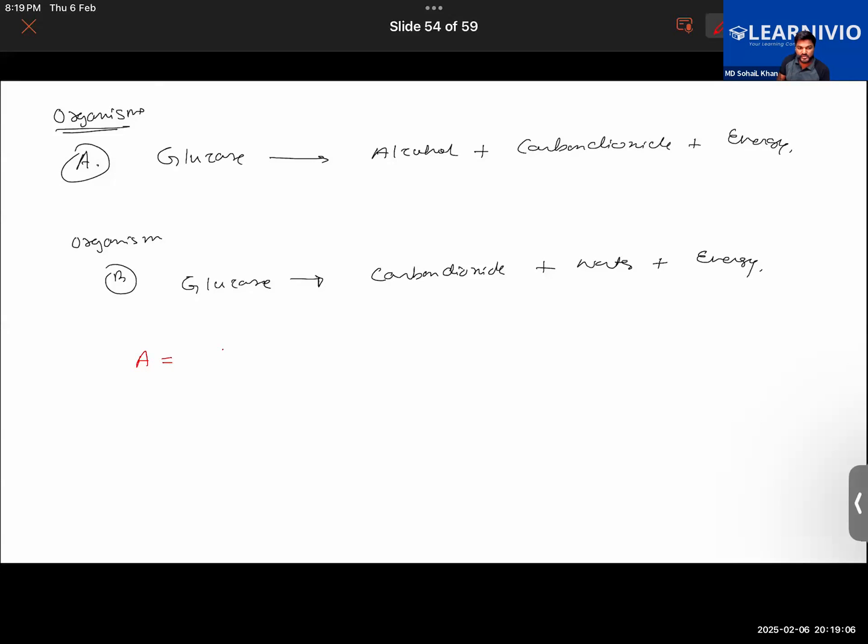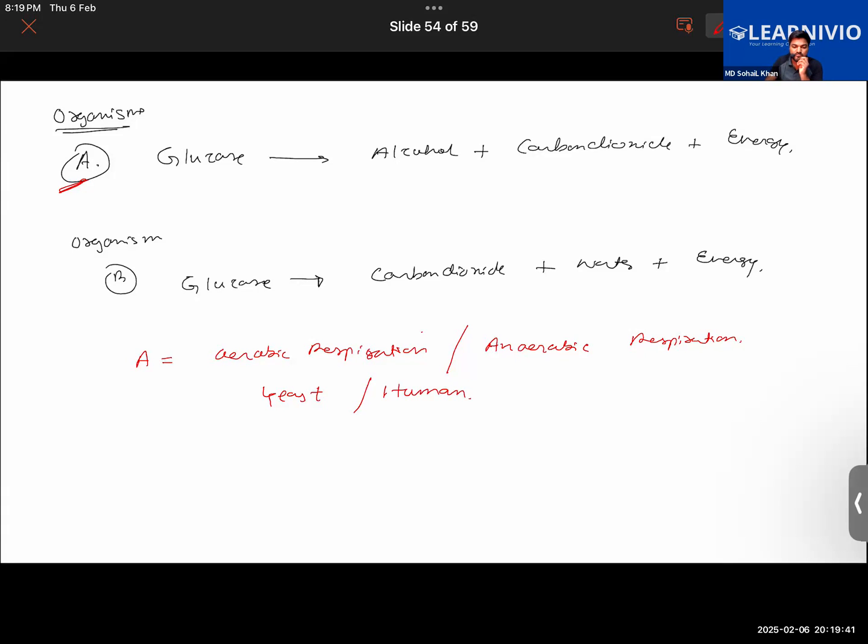Is A aerobic respiration or anaerobic respiration? Okay. Also, you have to tell me whether it occurs in the yeast or in the human.